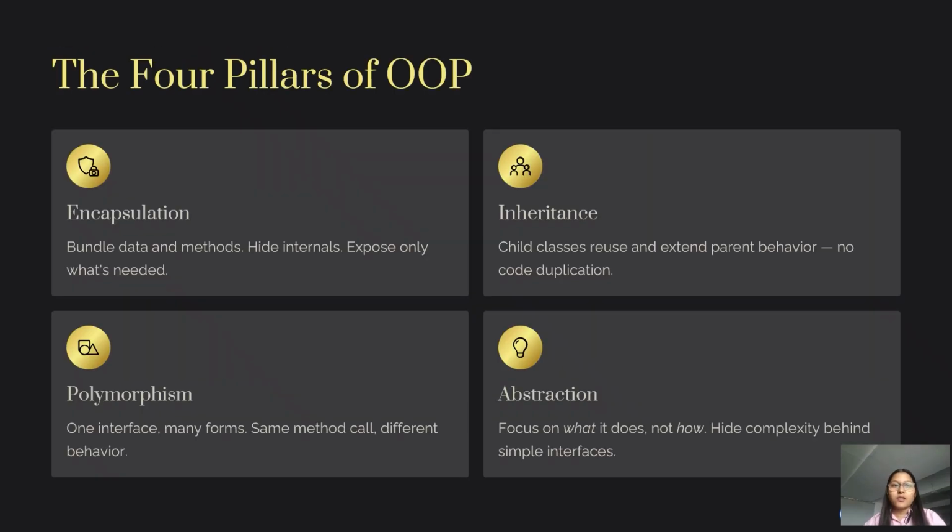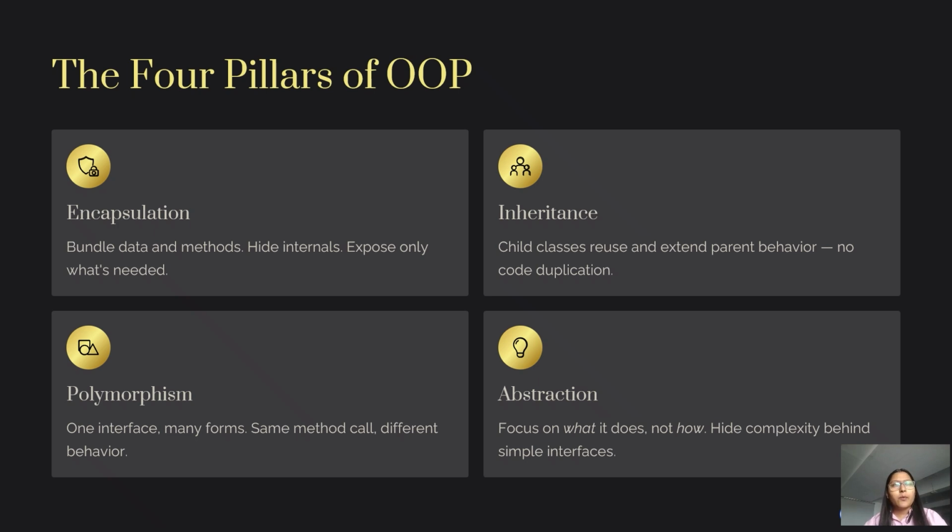Next, let's talk about the four pillars of OOPS. We have four pillars. First is encapsulation, second, inheritance, third, polymorphism, and fourth is abstraction. If we talk about encapsulation, we can treat it as a bundle of data and methods which hides the internal functionality and exposes only what's needed.